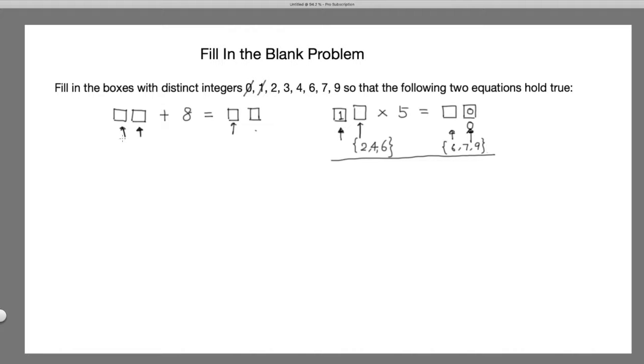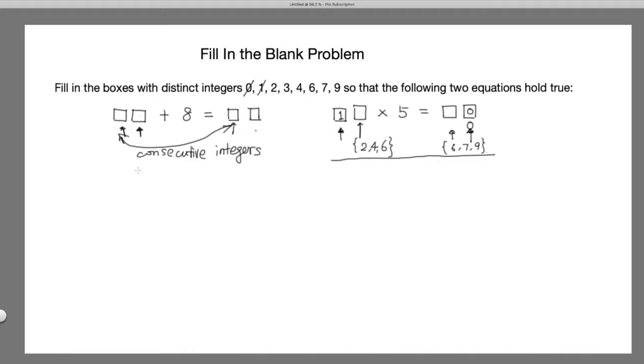So we have another very important clue. These two digits are going to be consecutive integers. With this important clue, let's see what these two numbers can be.